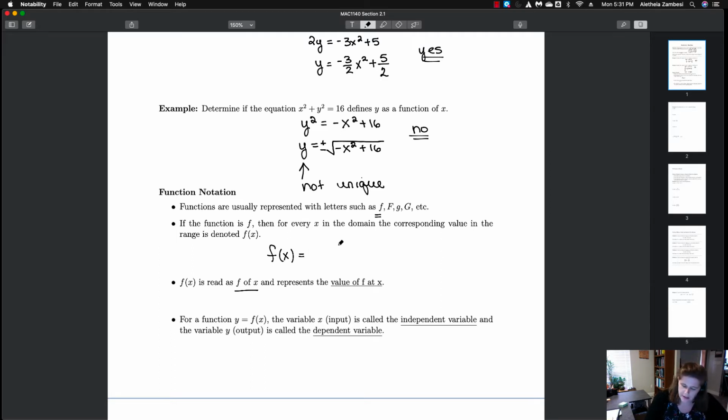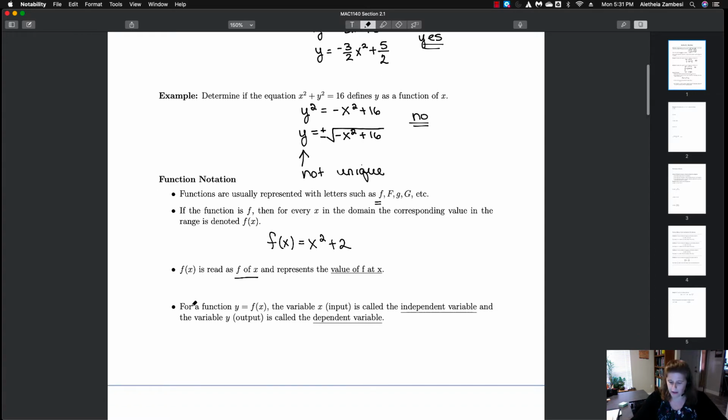And if I have, say, x squared plus 2, then this is a function defined where x values are squared and then added 2 to them, and that's the relationship. So if you have a function, the variable x is the independent variable, and that's the input variable. The output variable is the dependent variable because it depends on what we input into the function.